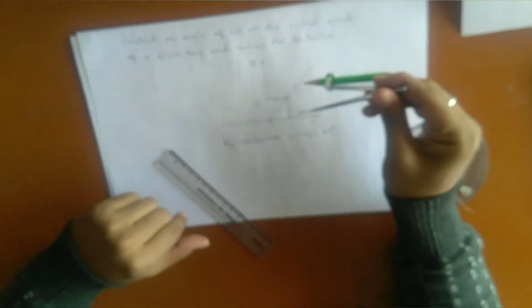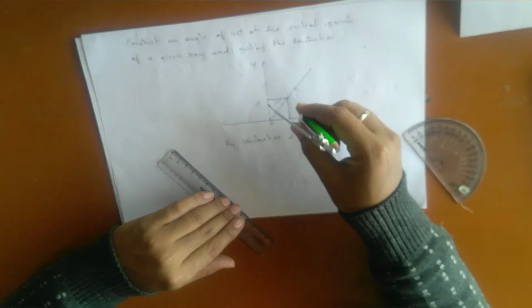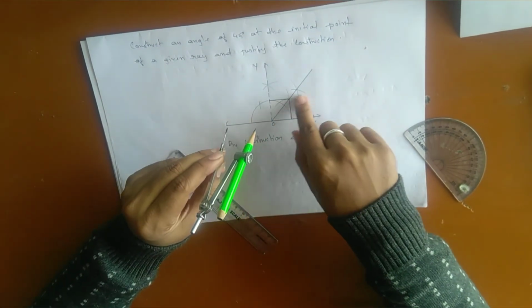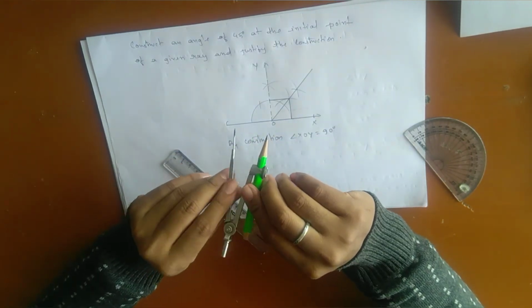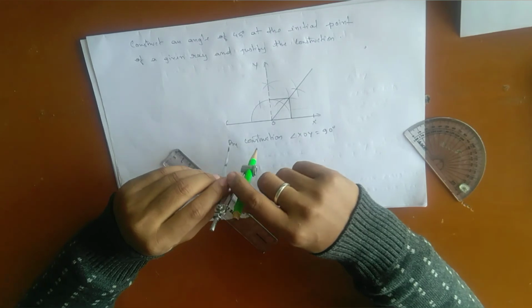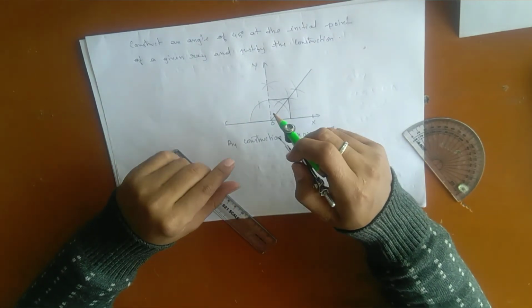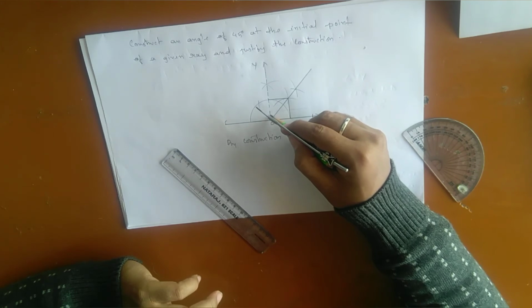See, we are extending and it will touch this line segment only, at this intersecting point. So it is not a hard and fast rule that you need to keep the same arc after getting 90 degrees. The angle bisector you can find without keeping the same arc or line segment.